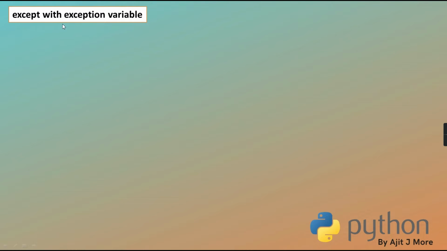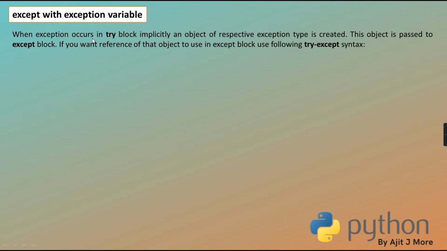So, except with exception variable. When an exception occurs in a try block, during execution of the try block, some abnormal thing occurs. Then depending on the type of problem, whatever the problem is, an object of the respective exception class is implicitly created, and the control is passed to the except block.